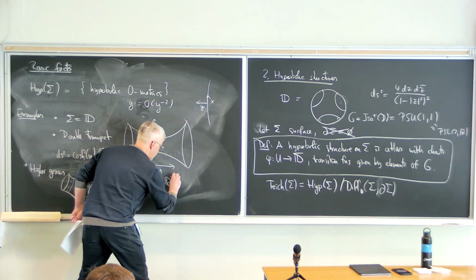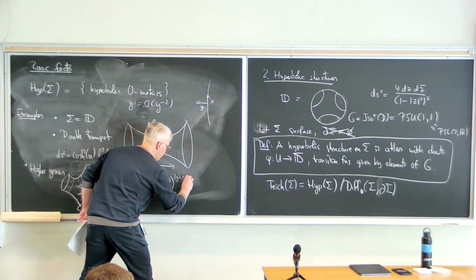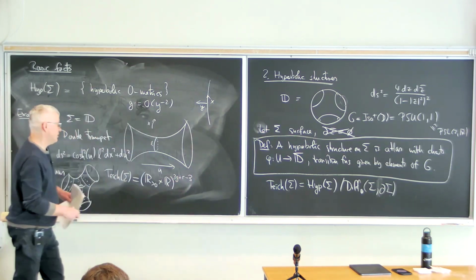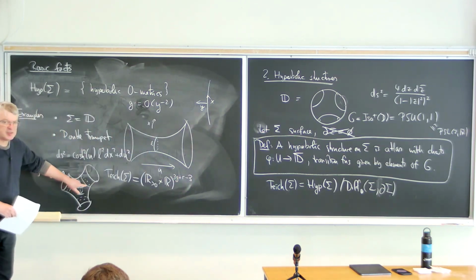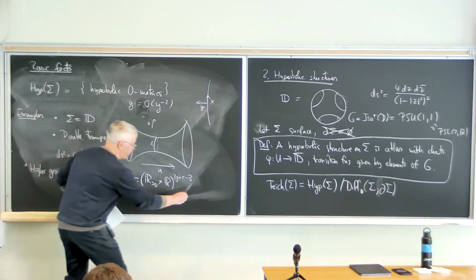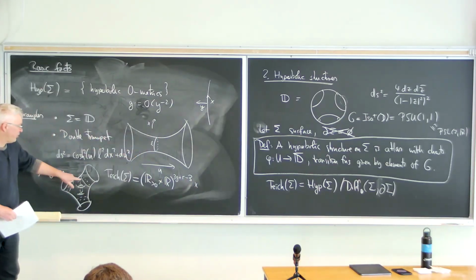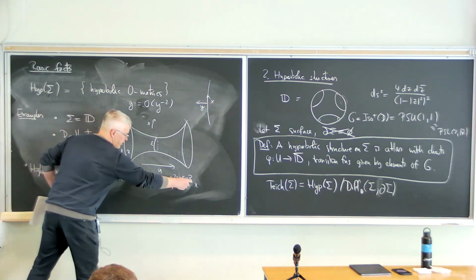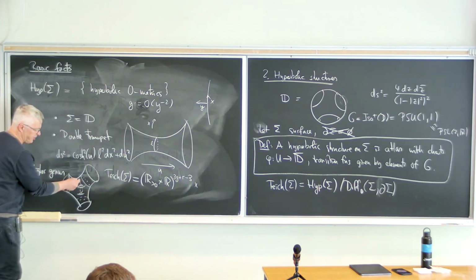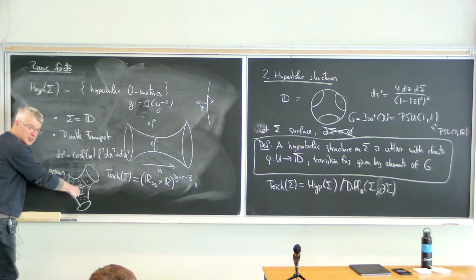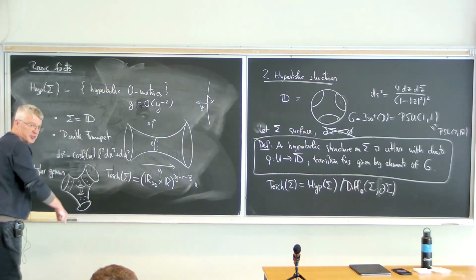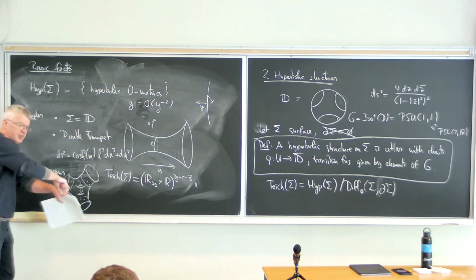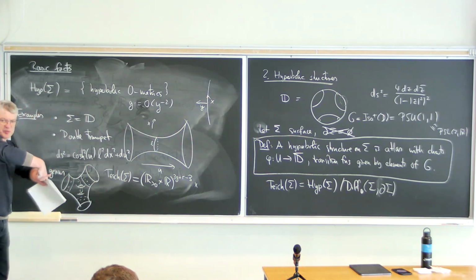This is 3g plus r minus 3, where r is the number of boundary components. This 3g plus r minus 3 counts all these inner circles that we use to cut in the pants decomposition. For each of these circles, there's a length parameter and a twist parameter.